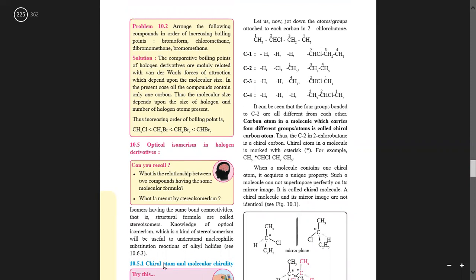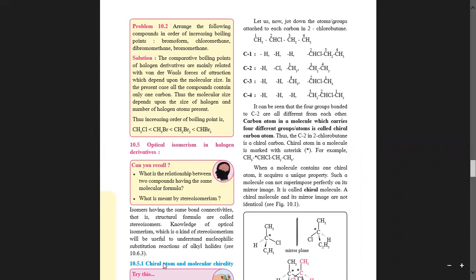2-chlorobutane has the structural formula CH3, CHCl, CH2, CH3, with carbon number 1, 2, 3, and 4. Carbon number 1 is bonded with 3 hydrogens. Carbon number 2 is bonded with 1 hydrogen, 1 chlorine, 1 CH3 group, and 1 CH3CH2 group.